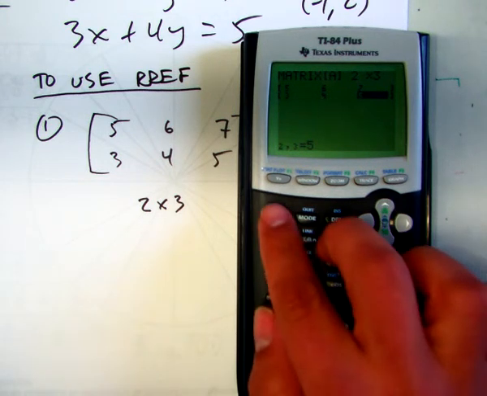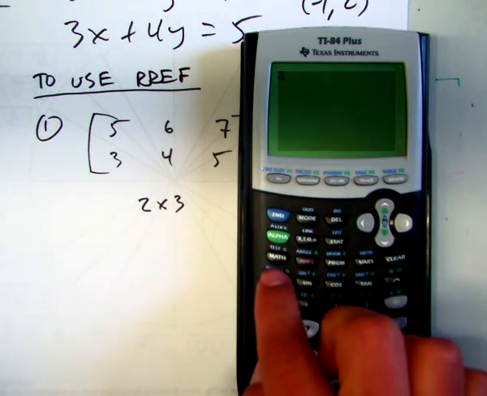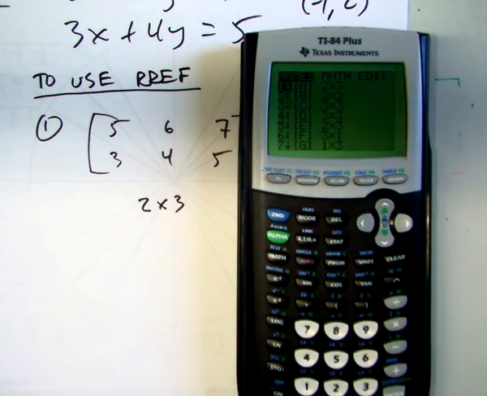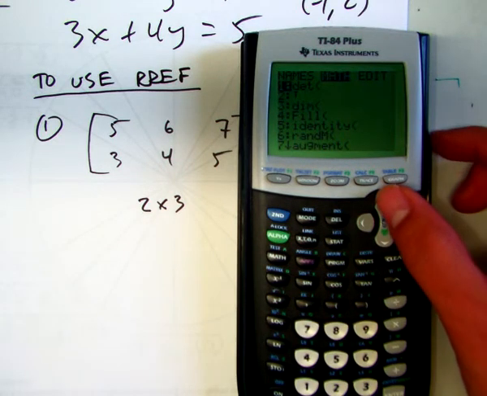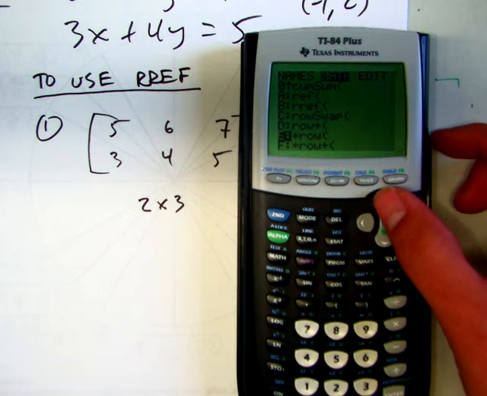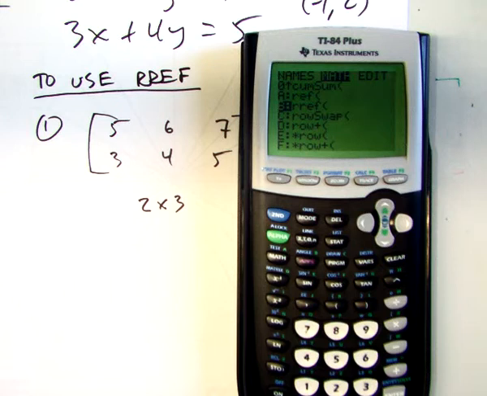Quit out of the menu. And now if you go back to the matrix menu, once you have matrices programmed in there, if you go to math, you can tell it to do several things with matrices. If you scroll down or up, up is faster by the way, you will see an option that says RREF, which stands for exactly what we're doing here. So hit enter on that.